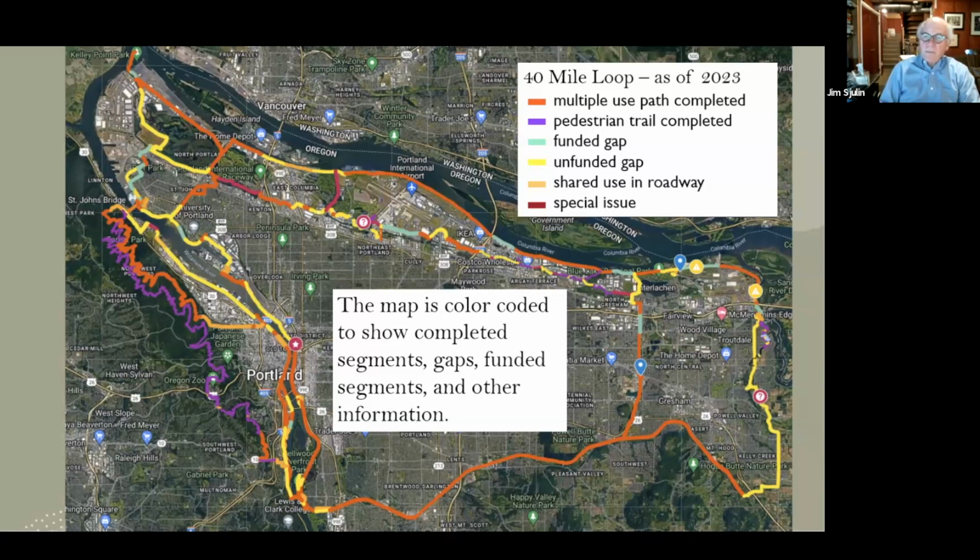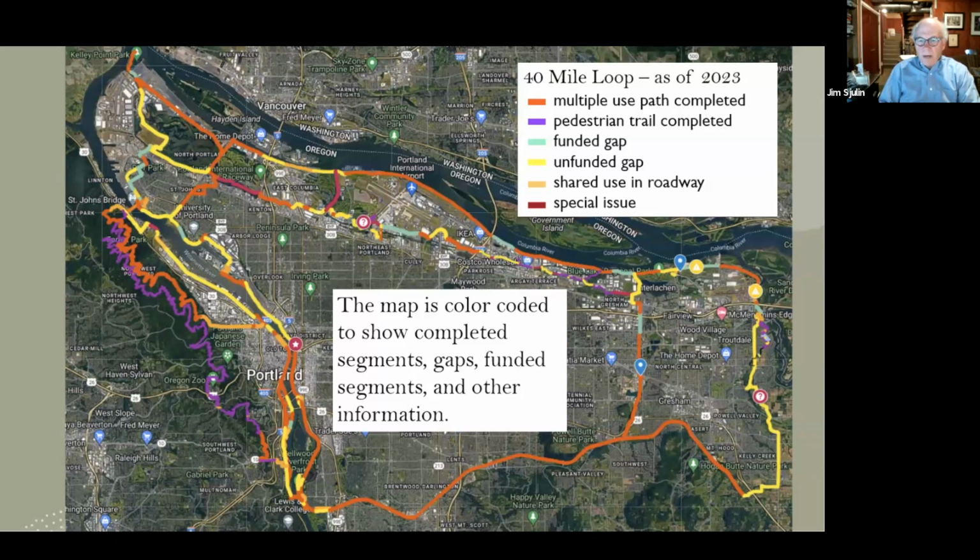But there are some challenges. If you're looking at the map and you see the white star and the red circle, that's the north end of the East Bank Esplanade, and that long yellow line goes up along the Willamette River to the north and west and finally terminates at Kelly Point Park, where the Willamette and the Columbia come together.